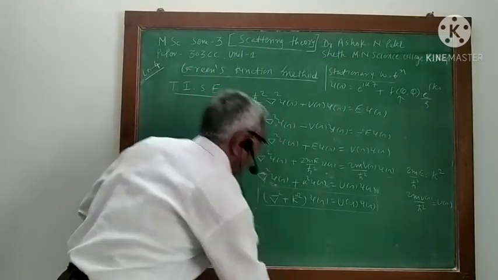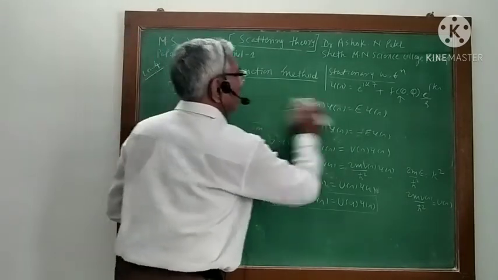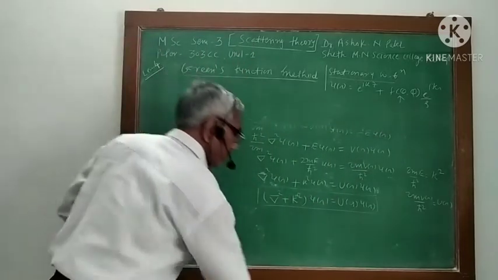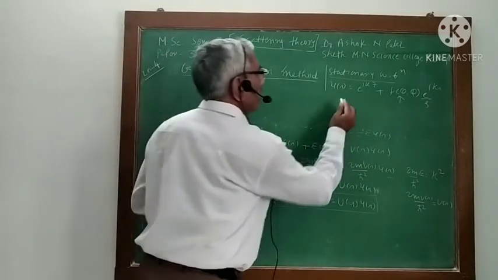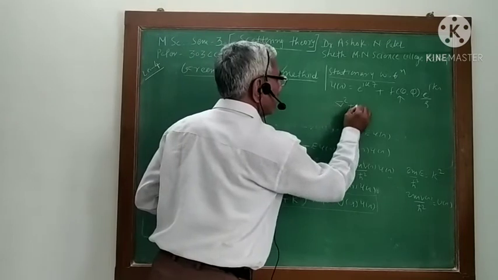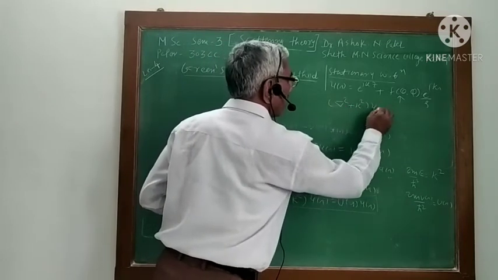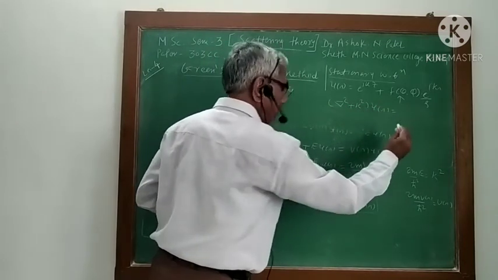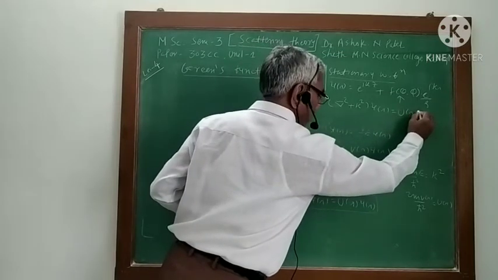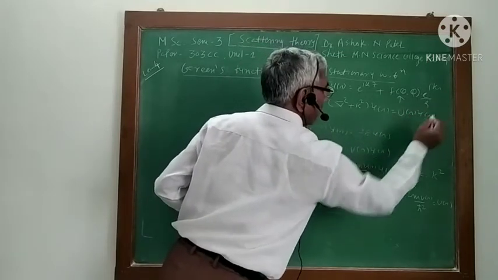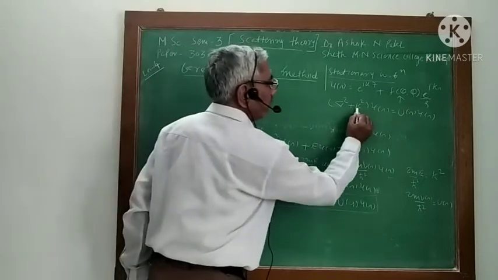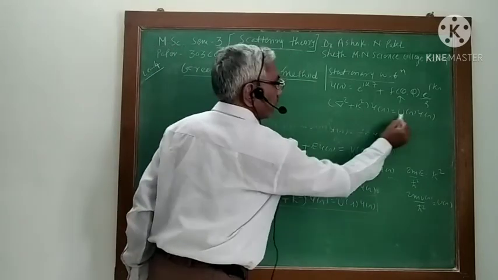So let me write down this expression over here. This is important. This is the time independent Schrodinger equation in terms of ψ(r) and U(r). And here you have to remember what k² is. k² is this, and what is U?